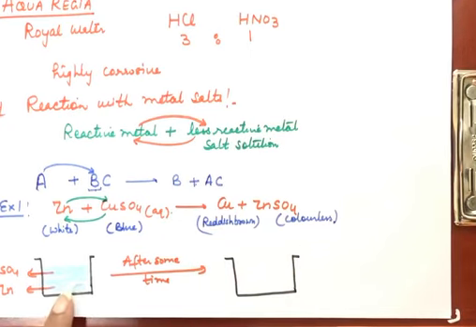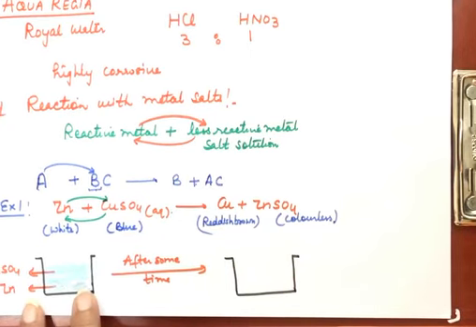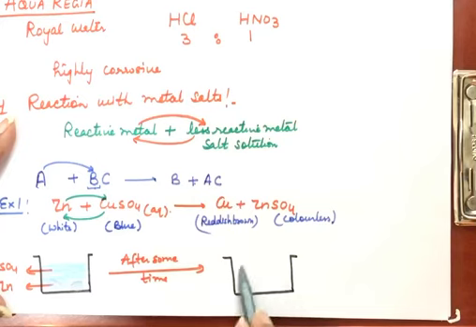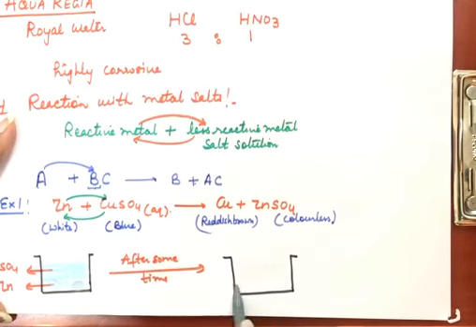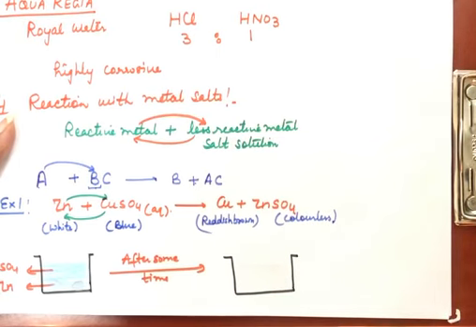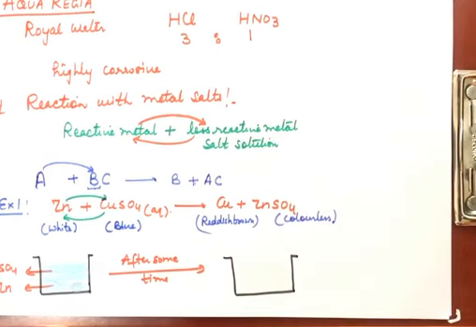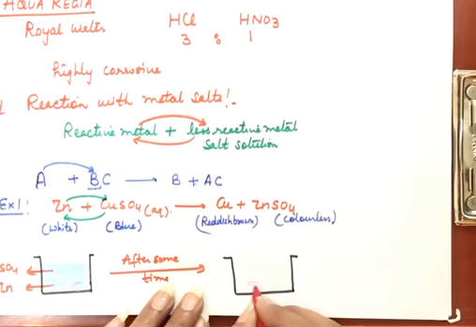And the silver white metal zinc will start changing to reddish brown color. So the solution goes from blue to colorless, and the silvery white zinc metal will start changing to reddish brown.